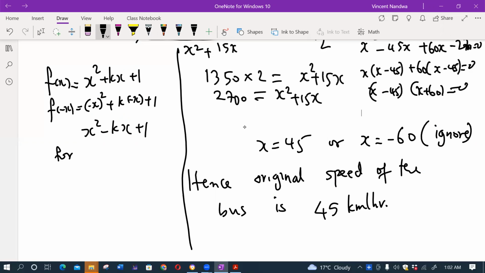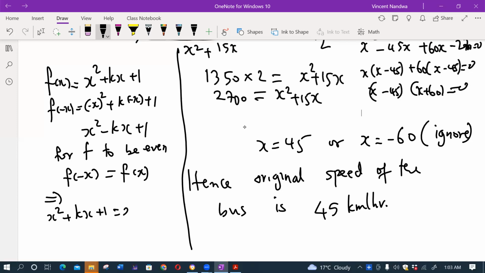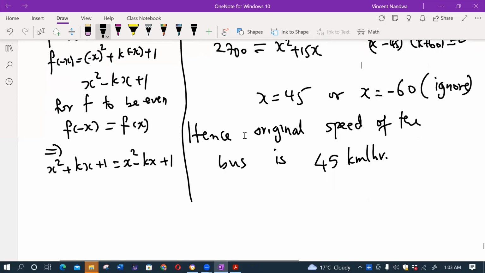For f to be even, then f of minus x is the same as f of x. So this will mean that x squared plus kx plus 1 equals x squared minus kx plus 1. So this equation implies that the x squared and the 1 and 1 cancel out.